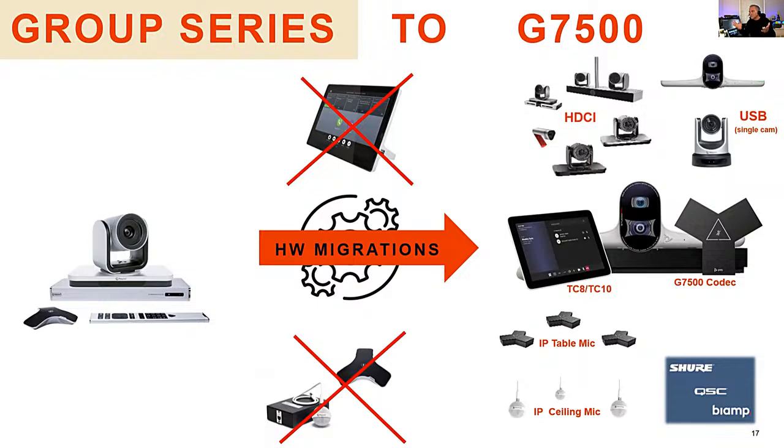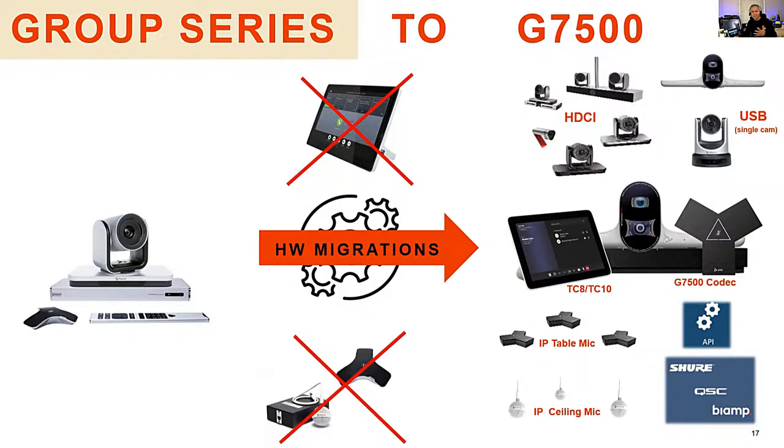So there is a functionality in the G7500 where you can enable an external DSP, and all the DSP processing will be done by those external DSPs. I think that's really powerful. So you've got a lot of flexibility there for your integrated rooms. And don't forget the APIs. Similar to the Group Series, there are a lot of APIs available in the G7500 codec.